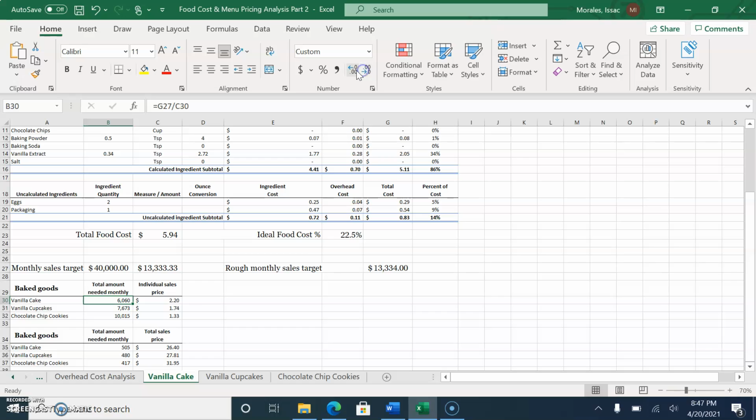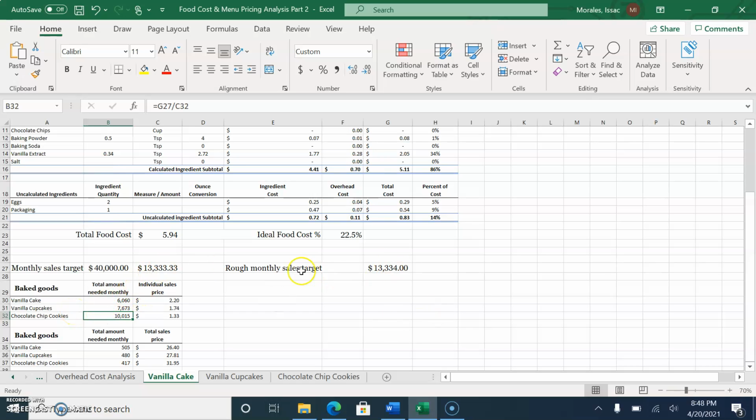At first, it looked crazy like this because of rounding issues, but I wanted to see an exact amount, so I took out all those extra decimals. We're going to need about 6,060 vanilla cakes. Vanilla cupcakes, we're going to need about 7,673. And chocolate chip cookies, at least 10,015.